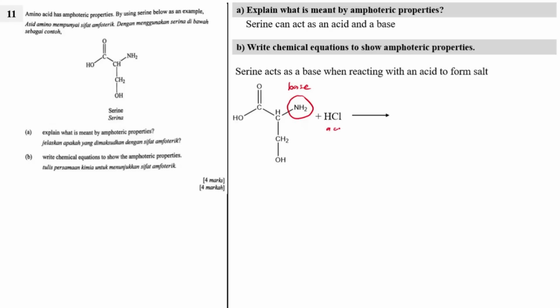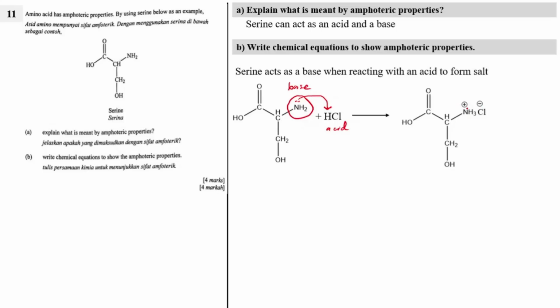So base reacting with an acid, what we're gonna get is the salt of NH3 plus with the Cl minus. So the amino group will take up the H plus, and then the Cl minus will come closer as the electrostatic force between them is strong.